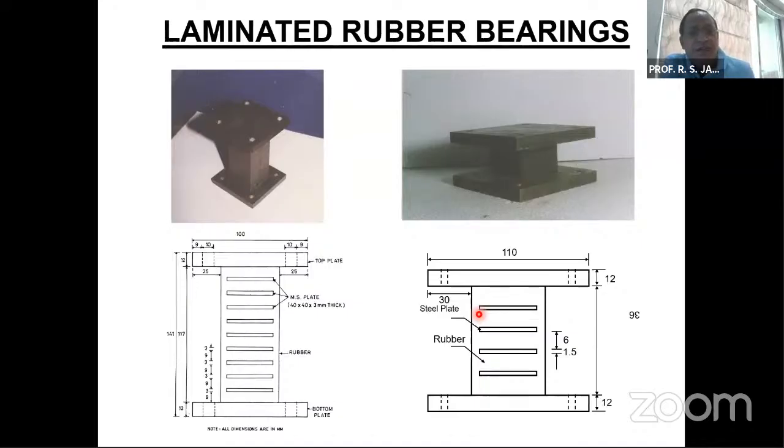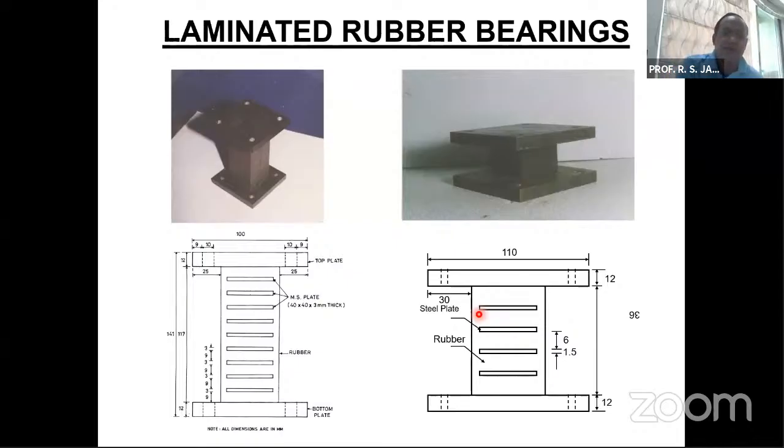In the morning, in place of these steel plates, carbon fiber polymers were used, and because of using the carbon fiber polymers, the bearings were lighter, and apart from this, they have more capability to dissipate energy, or they were having more damping in the system.